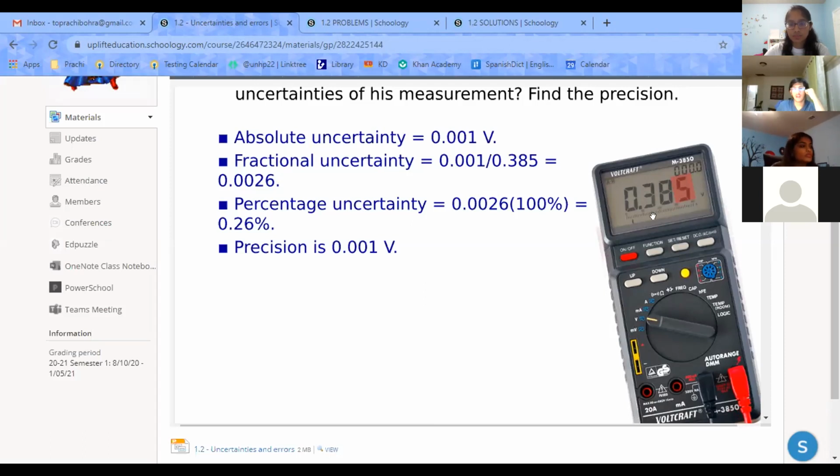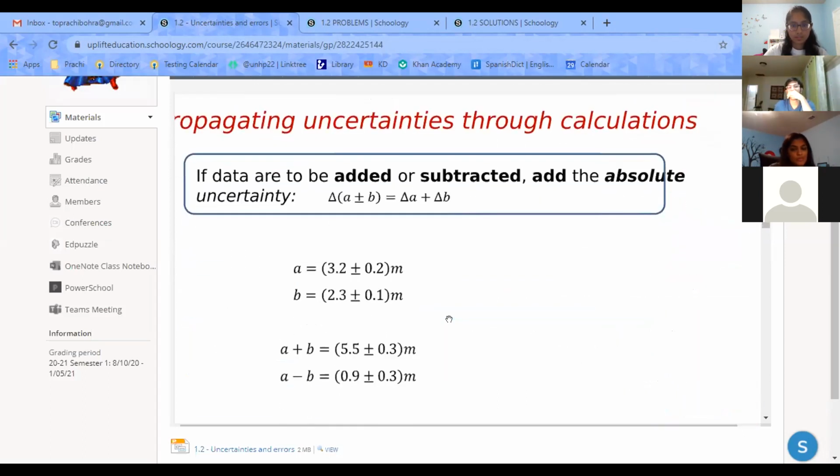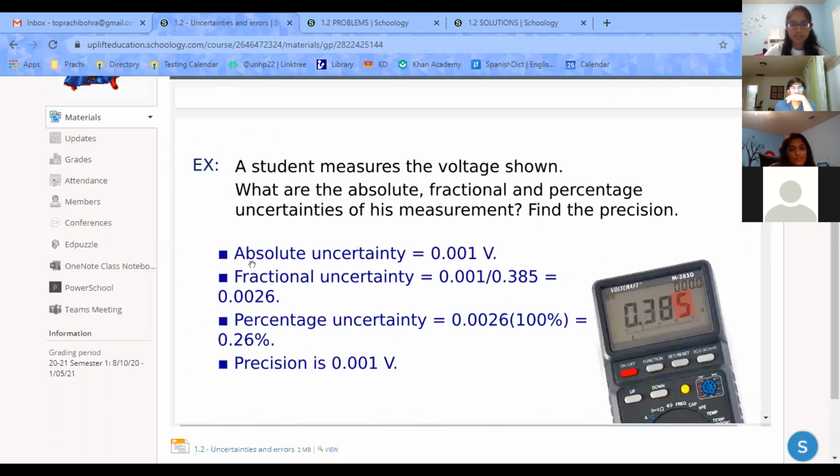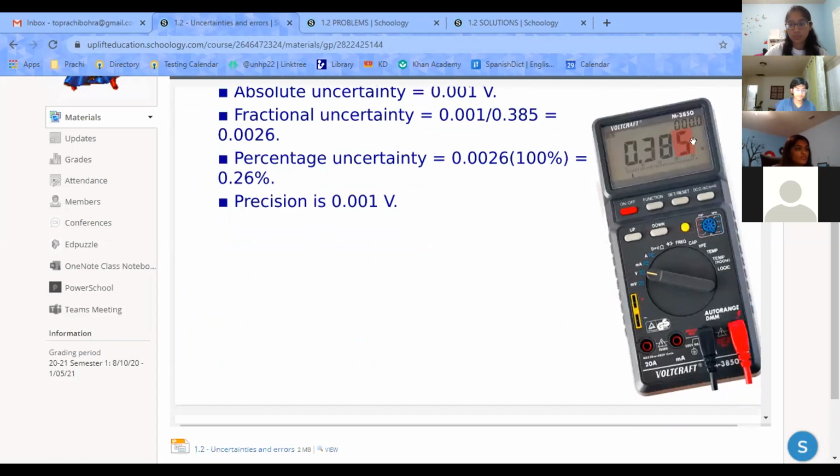For averaging, it's different. As soon as you take more than one trial, you have to revert to the averaging and then the range over 2 method, right? Yeah. So the absolute uncertainty would be the one for the instrument, I think, for single measurements.